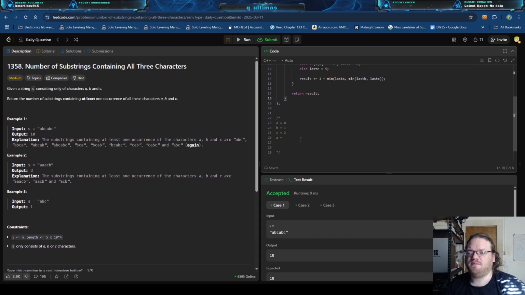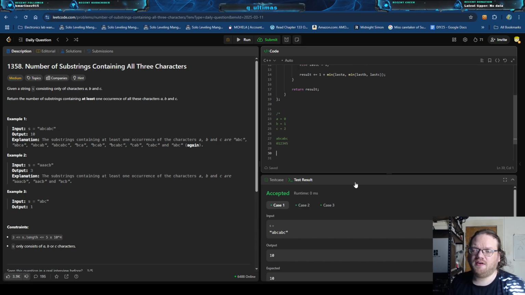So let me explain what I was thinking. If you have A, B, C, A, B, C, right? 0, 1, 2, 3, 4, 5. We say A equals 0, B equals 1, C equals 2. The minimum of A, B, C would be 0. So you would have 1 plus 0 equals 1.